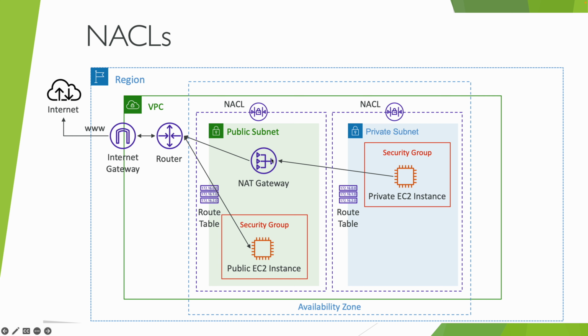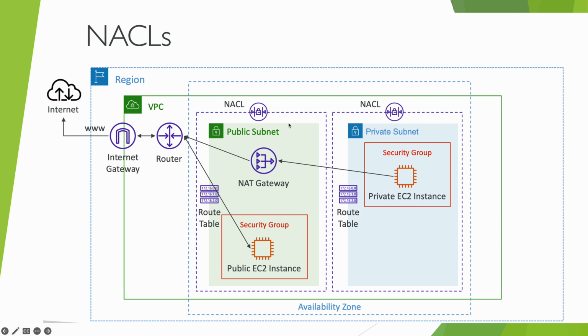Again we created a NAT gateway, and using this NAT gateway we are providing internet to the instances in the private subnet. This is what we have already done.